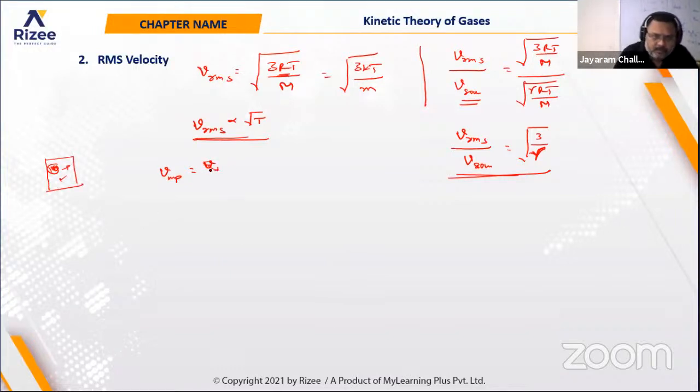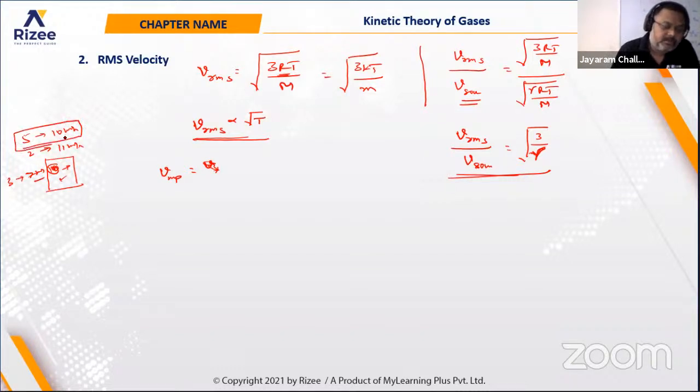Generally, if you go for the most probable velocity, out of the 10 molecules, if there are 5 molecules having a velocity of 10 meter per second, 2 molecules having 11 meter per second, and another 3 molecules having 7 meter per second, then according to the most probable velocity condition, you need to choose that value of velocity which the largest number of molecules possess.